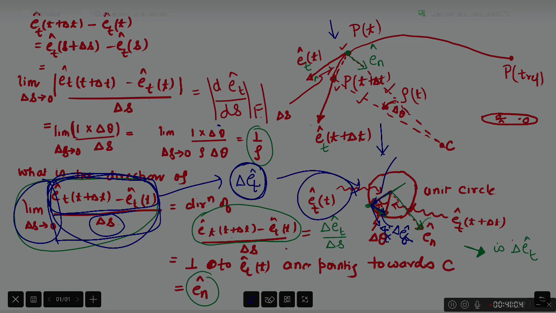So my conclusion is that the direction of this vector will tend to become perpendicular to Et, and it must be pointing, I'm taking you back here, as delta S goes to 0, the direction of this delta Et vector will tend to become perpendicular to this Et local tangent vector, and it must point in the direction of the center of curvature.